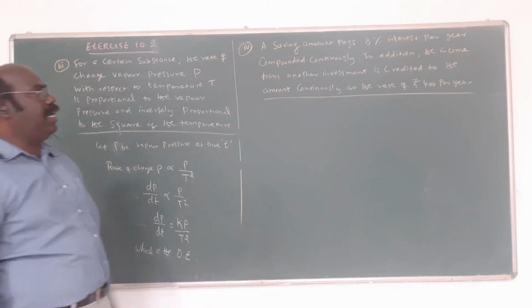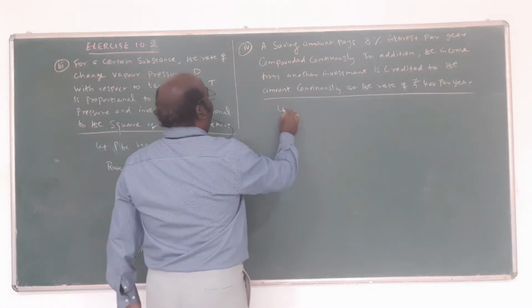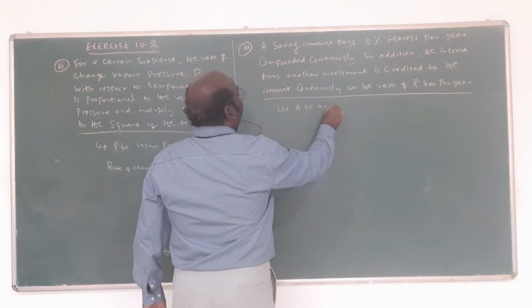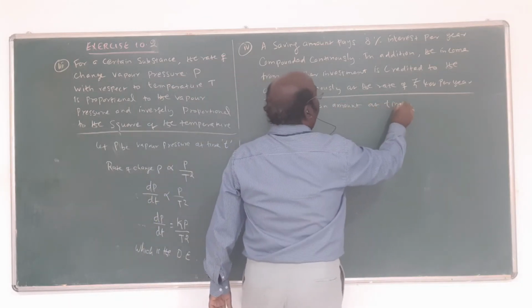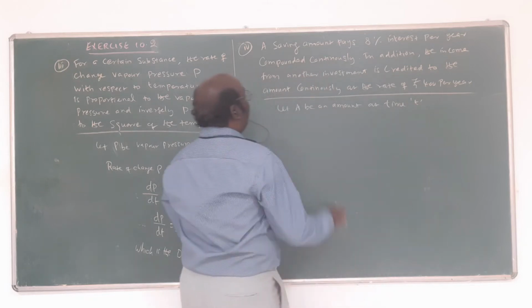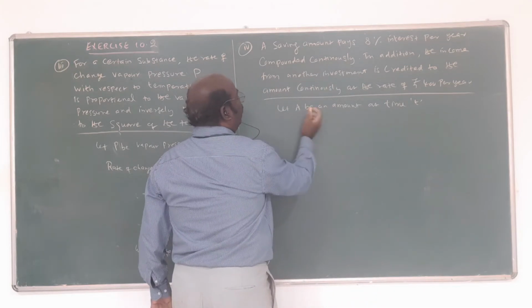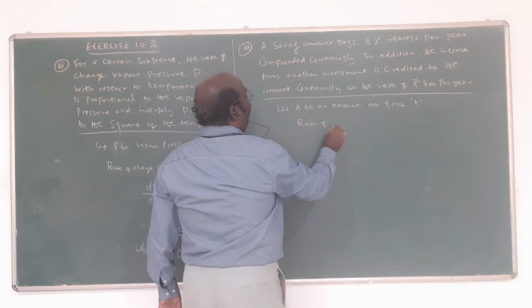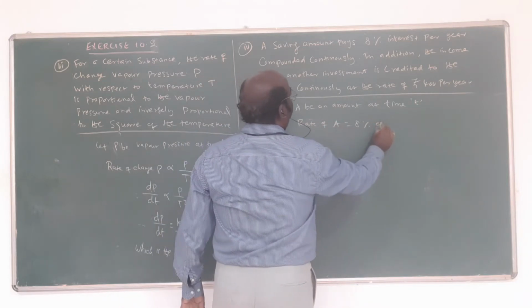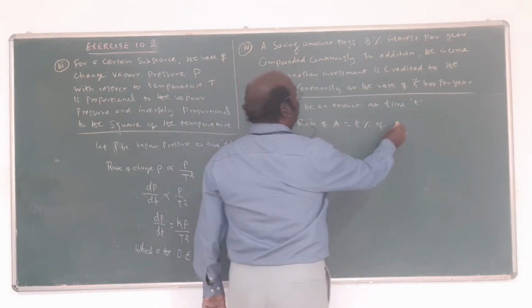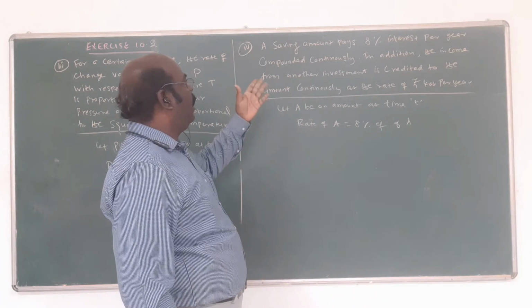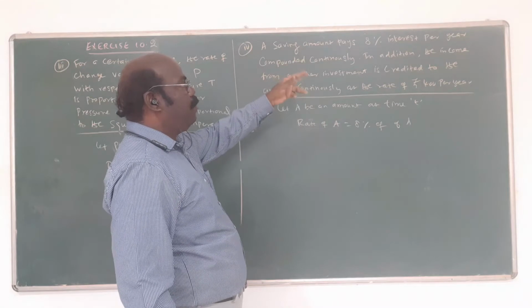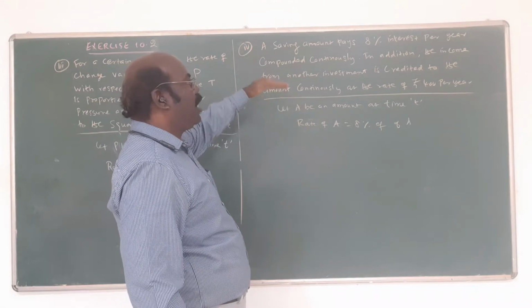Here it is clearly given that A be the amount at any time t, that's important. But what is the rate? What is given? The rate of A equals 8% of A. Am I right? 8% compounded continuously.